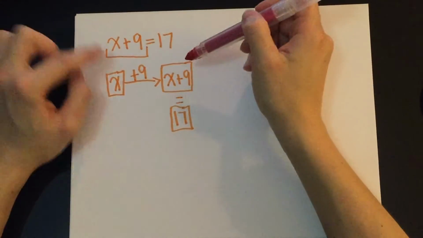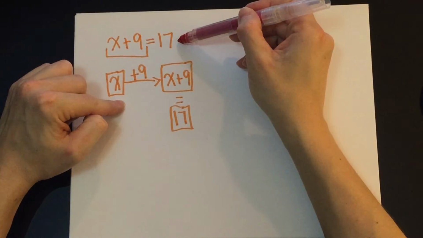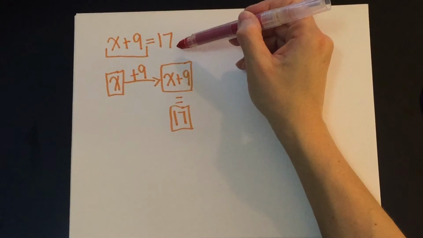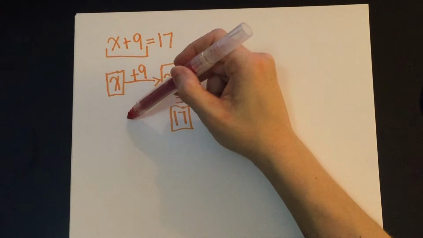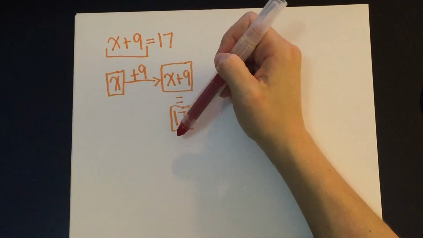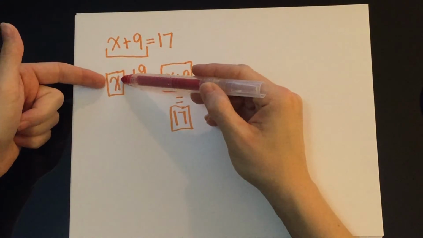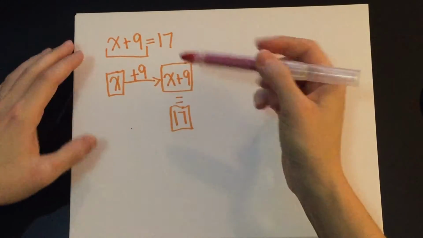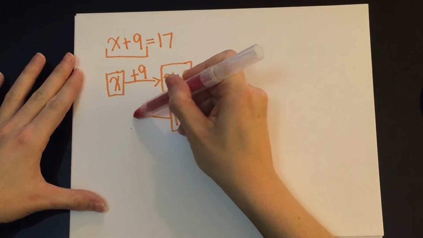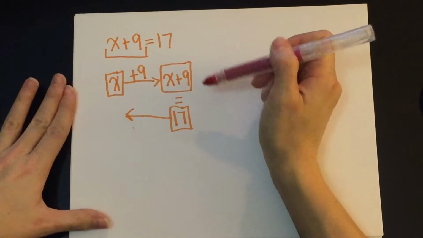So what you'll see here is we have the equation. We finished building it. We're going to go backwards now and take it apart. We're going to undo it. We're going to figure out, okay, x plus 9 equals 17, let's figure out what x equals. So we go backwards. We're going to take it apart, just like Legos.